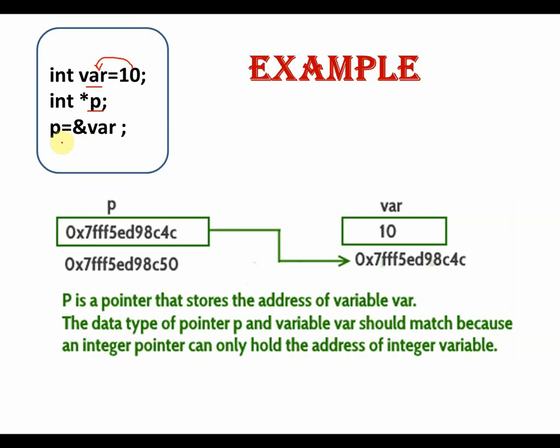Now what happens next is, as you see over here, the pointer variable p is assigned the address of this variable, because that is the purpose of a pointer variable. Pointer variables are meant to store addresses of other variables.